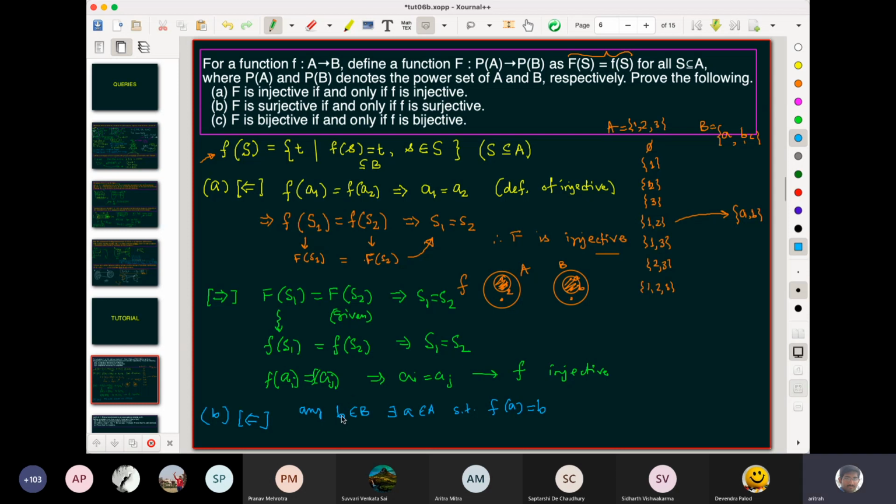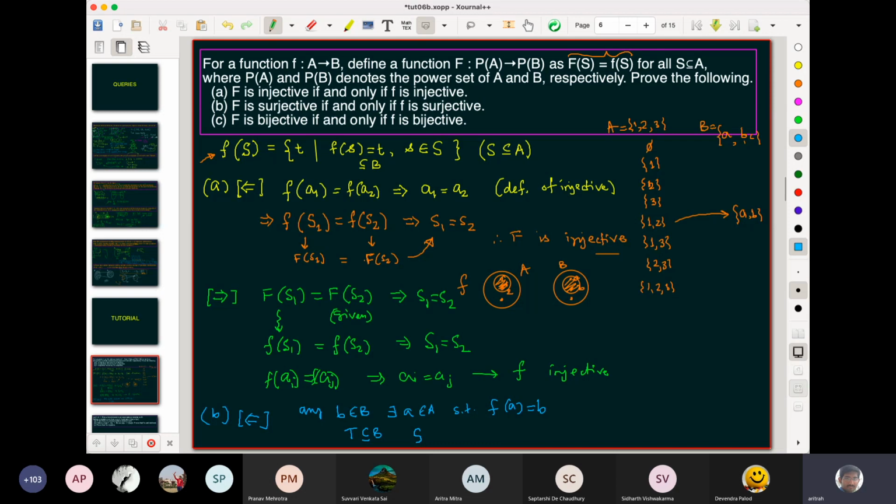It is easily followed, right? Because any B, if you cluster some of the B's, from there it will be some set T, which is a subset of B. For those sets of B, we have the corresponding A's here also.